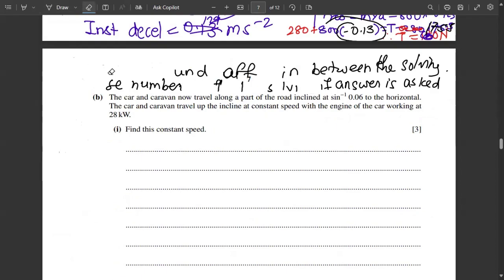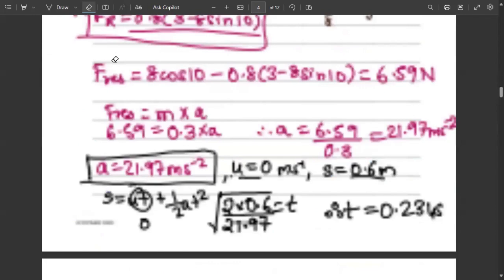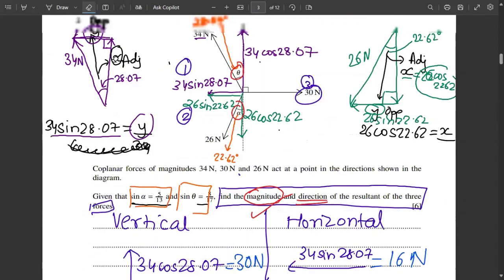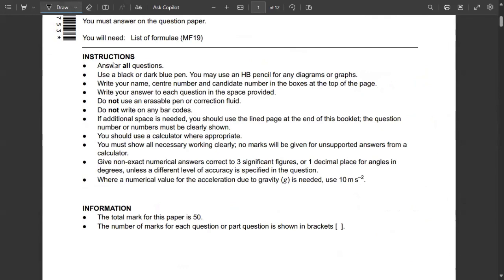I know this may sound weird, but as you can see on the first page itself, they have mentioned: give non-exact numerical answers correct to three significant figures, or one decimal place for angles in degrees, unless a different level of accuracy is specified in the question.